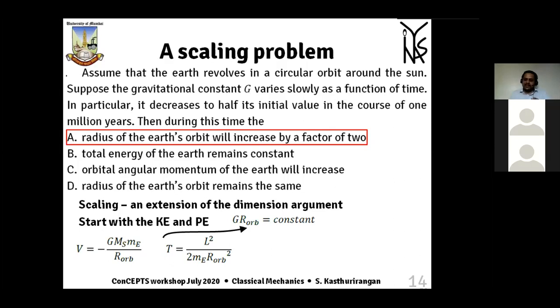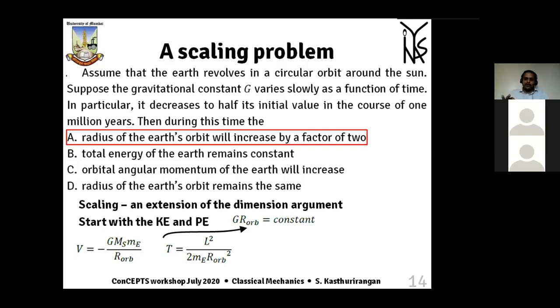T and V will scale together because the orbit remains circular. So if V is decreasing by a certain amount, T will also do it. But the dependence of T and V on various parameters is different. So those particular parameters are forced to change in a certain correlated way. That is the idea of the scaling argument. And with that, you can arrive at the answer.